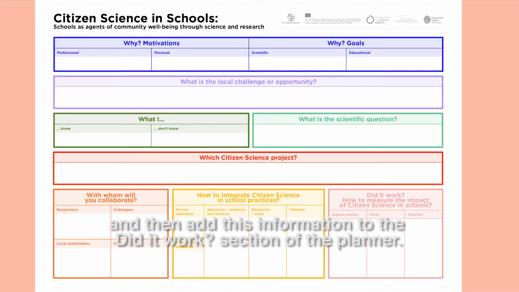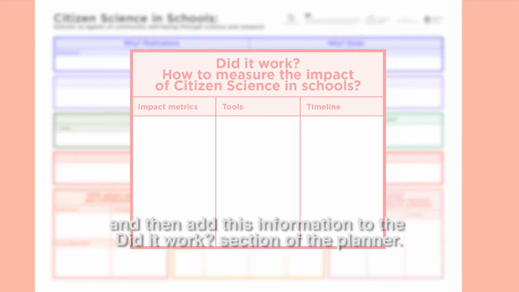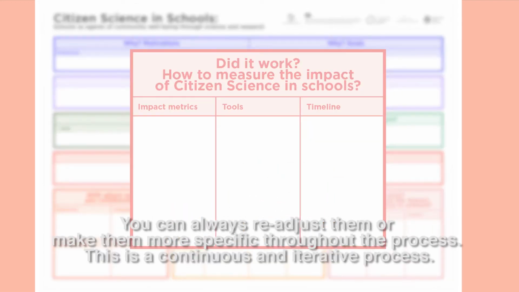And then add all this information to the Did It Work section of the planner. You can always readjust them or make them more specific throughout the process. This is a continuous and interactive process.